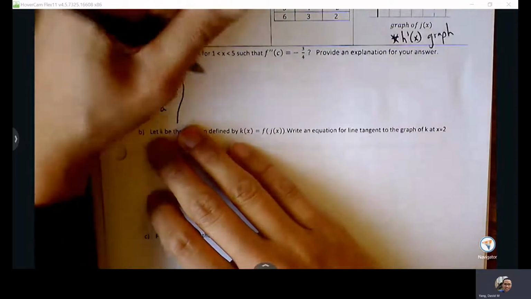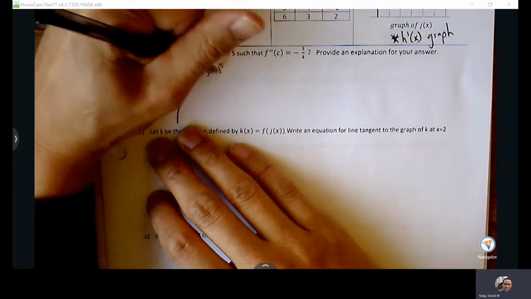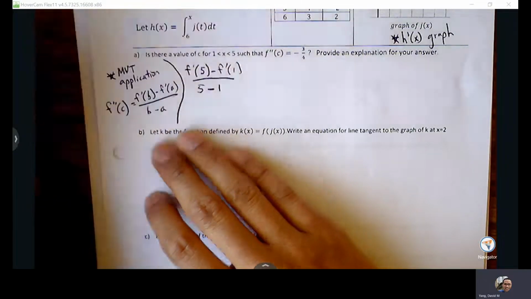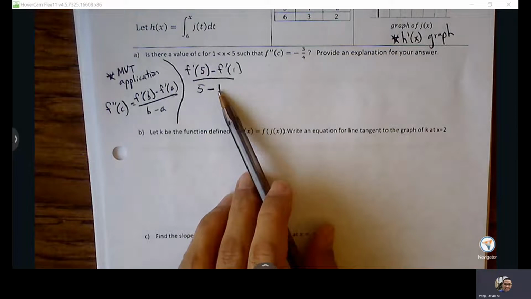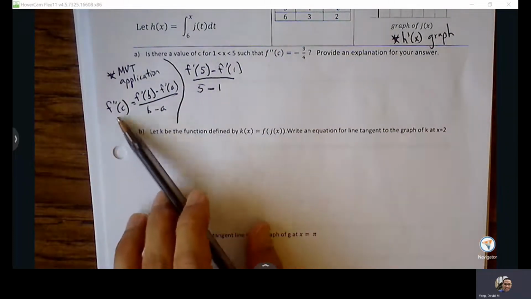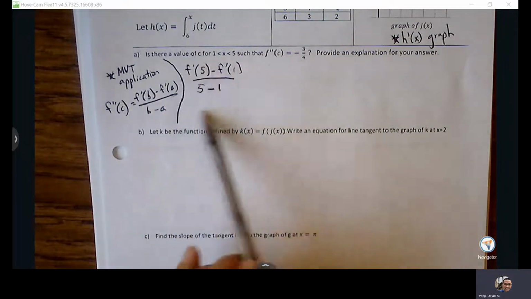So let's try that. f prime of 5 minus f prime of 1 over 5 minus 1. If I can get this value to show up as -3/4, then I can guarantee that there must be an f double prime somewhere on the graph that's going to match exactly that -3/4. Let's see if that happens.